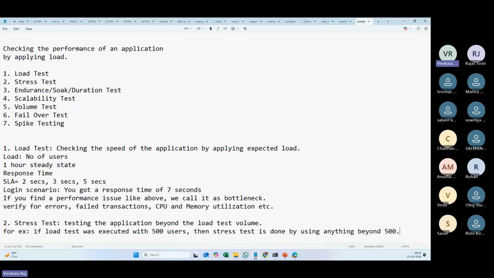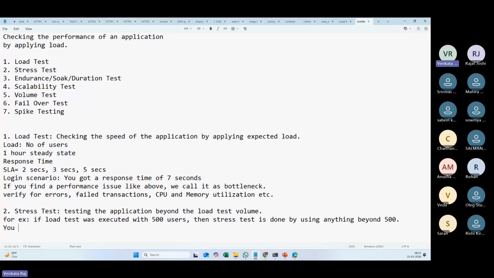You can run with 600, 800, 900, 1000 users like that. You can stress the application to an extent where the application breaks, or where you find the breaking point.